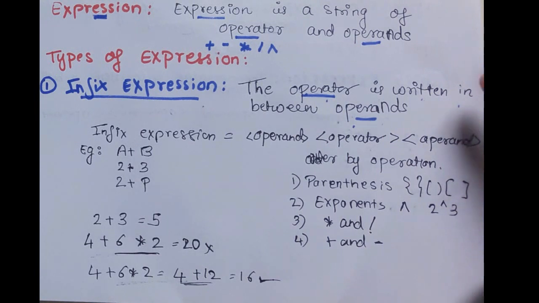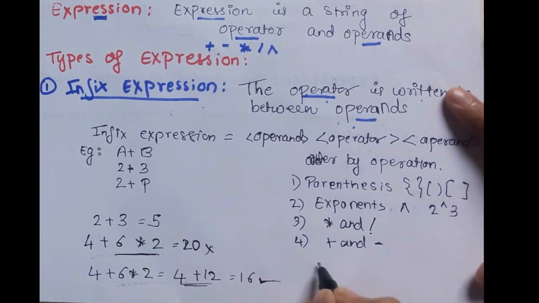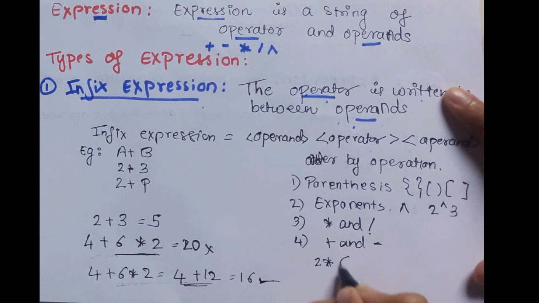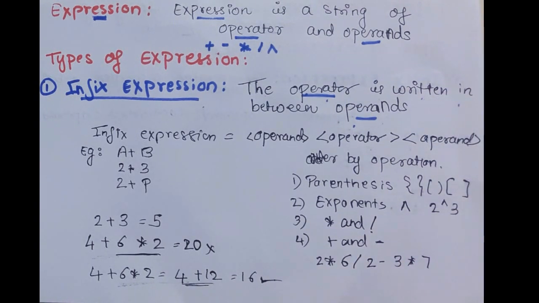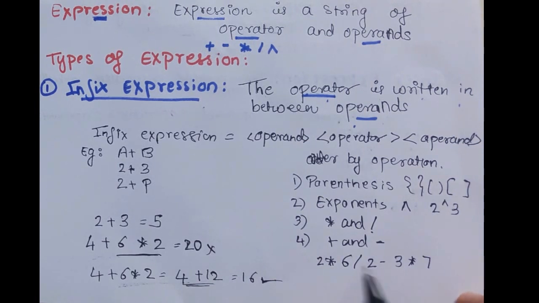Now, we'll take another expression like 2 into 6 divided by 2 minus 3 into 7. So again we have taken this infix expression. Now, we'll evaluate this infix expression. You can see that there are three types of operators: multiplication, division and subtraction. As we know, multiplication and division have equal precedence.